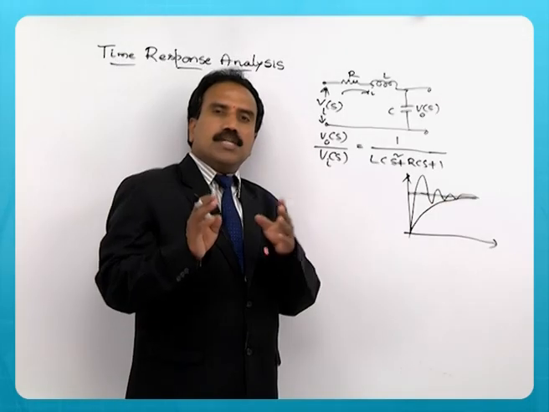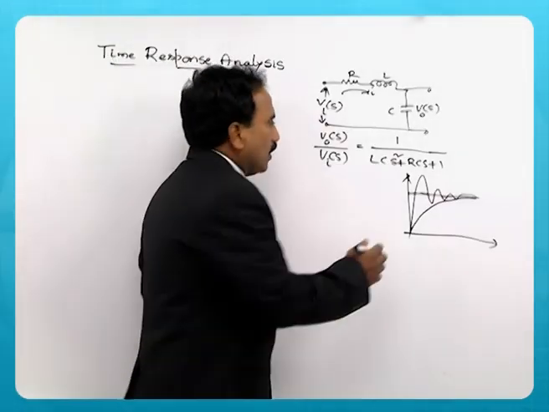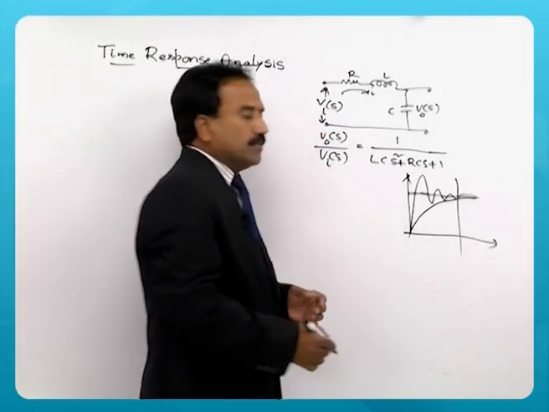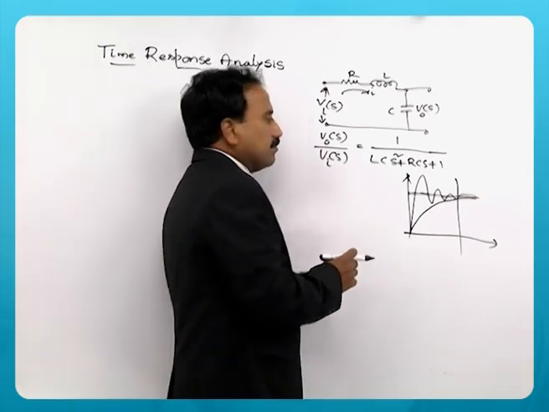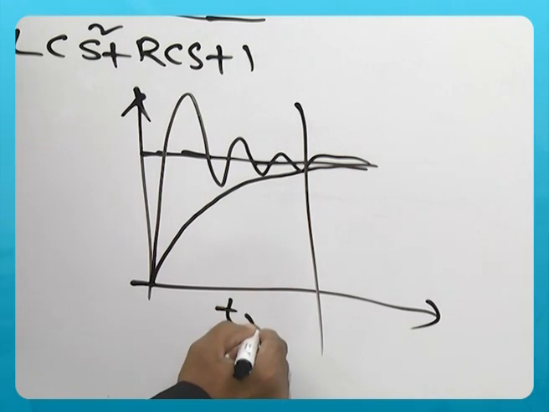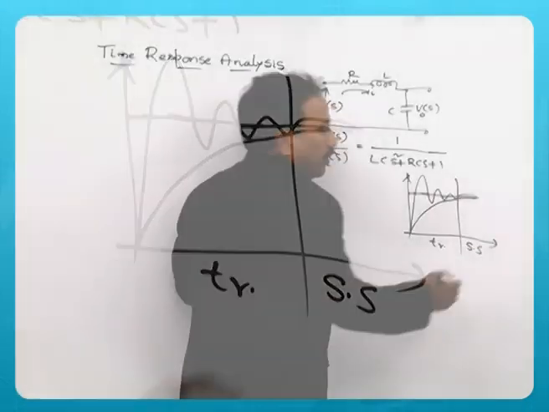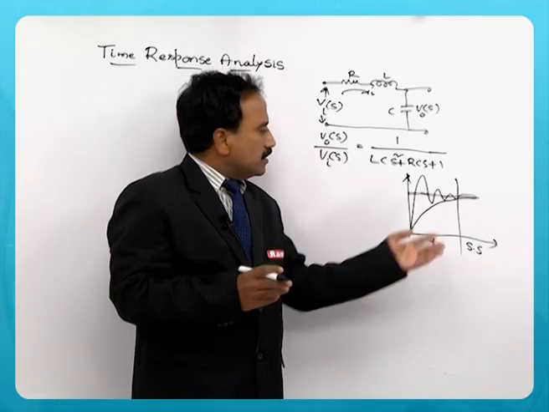Transients are there in first order systems as well as second order systems. Oscillations indicate that they are not permanent, they remain in the system only for a short period of time. This is called the transient response, and the response that remains after transients have died out is called the steady state response.